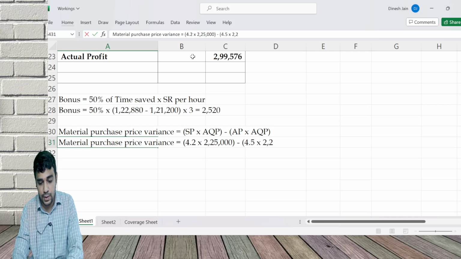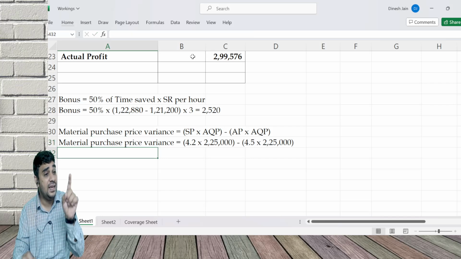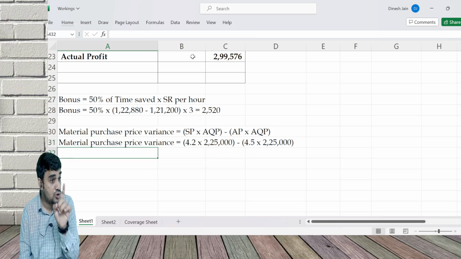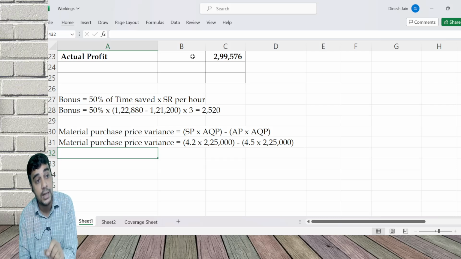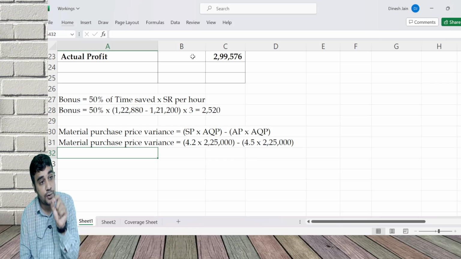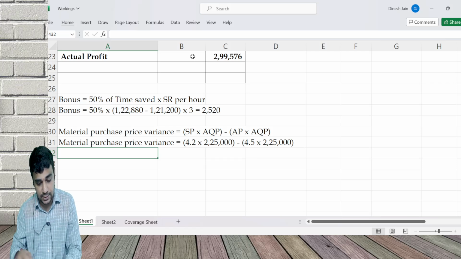4.5 into 2 lakh. When we do material price variance, that time we use 2 lakh 4,000 or whatever was the number, whatever was the quantity consumed was used. Material purchase price variance formula is SP into AQP minus AP into AQP. The normal formula is SP into AQC, actual quantity consumed, minus AP into actual quantity consumed. Here you will have to use quantity purchased.